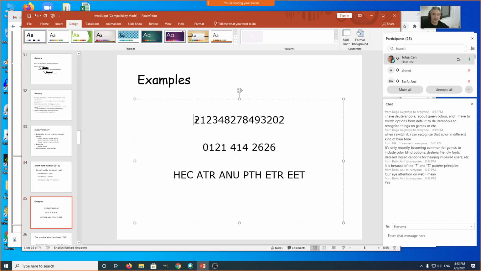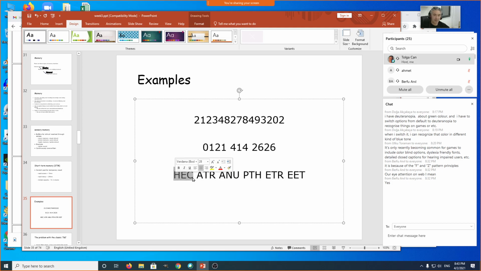If you see it like this, it's difficult to comprehend this entire long number in one shot. Therefore, if this is a phone number or an address, we usually present it in chunks. Okay, so 01, 21, 414, 26, 26. It helps us convey the information better.